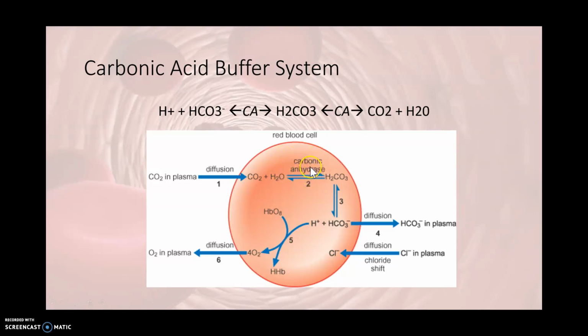We're going to use that and break it into water, H2O, and carbon dioxide. That's what we exhale into the ambient air, right? So this is how we buffer hydrogen and how we actually get it out into the ambient air.